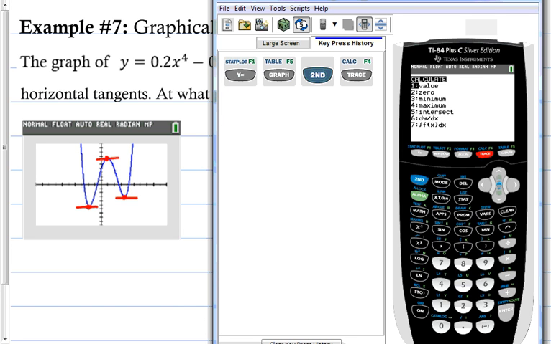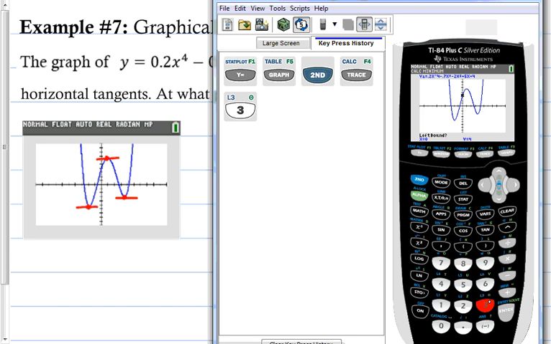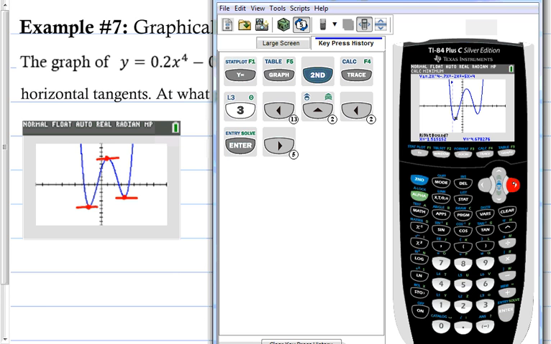So you hit 3 for minimum, and it asks for a left bound. There are 2 minimums, so I'm going to go over to the one on the left. I want to be on the left of it. Enter. Now I need to go a little bit to the right of it. Enter. It wants you to take a guess, but you don't have to. Hit enter.